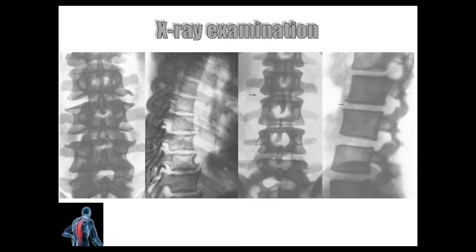Once again, when the discs stop absorbing loading, overloading of the body will lead to some protective mechanism activations. One of the mechanisms is sclerosis, and the second mechanism is increasing of the area.